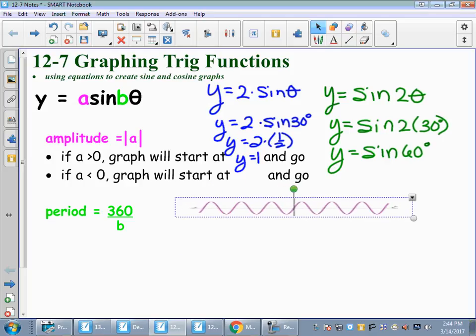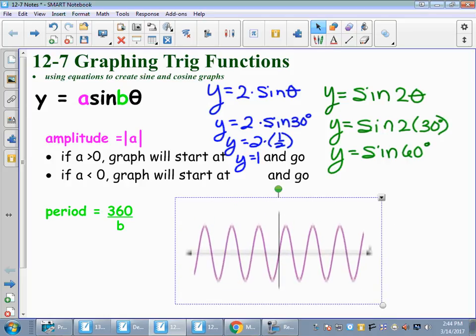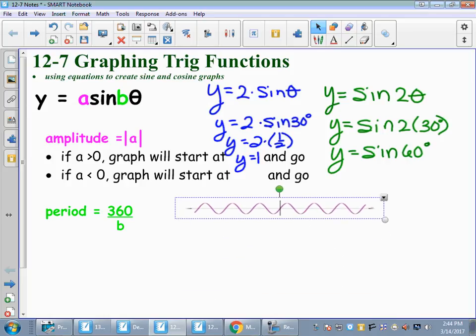And the smaller B will stretch it. So it actually has an inverse effect, whereas with amplitude, larger A gets bigger and smaller numbers get smaller.